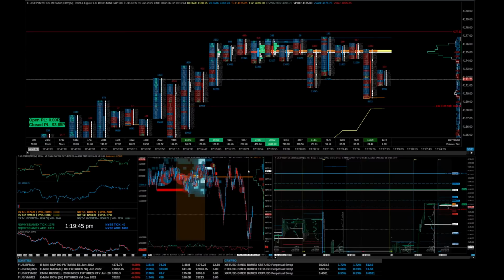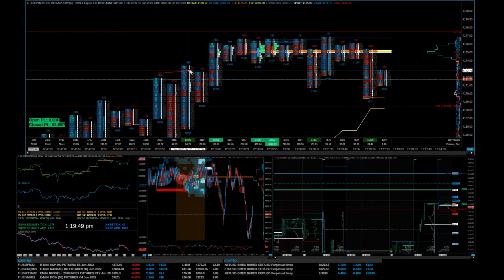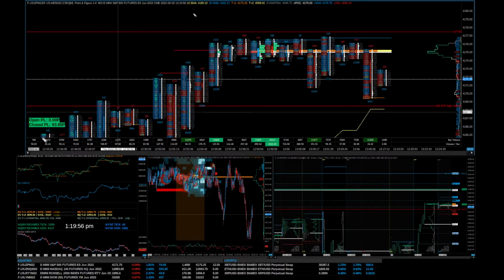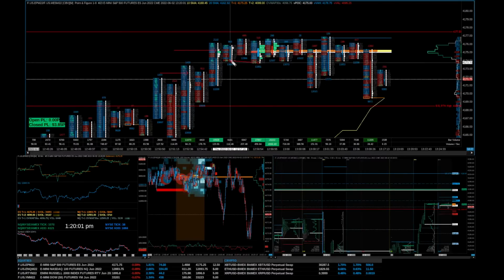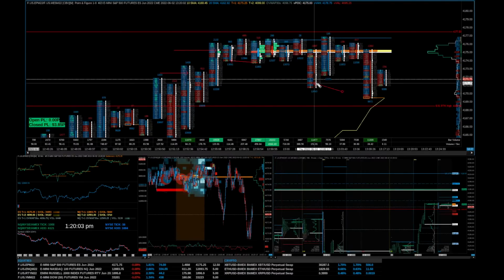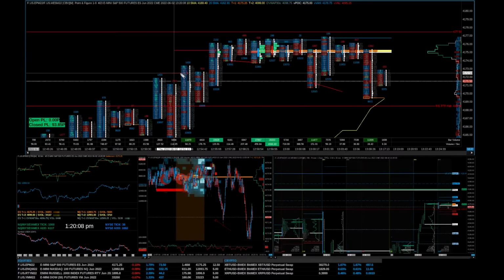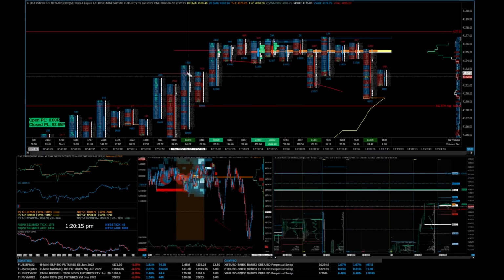In other words, I get short here, and then I get short here, and then I cover here, and I cover here, right? It's going to recognize a loss on the line that goes from here. This is the first entry.